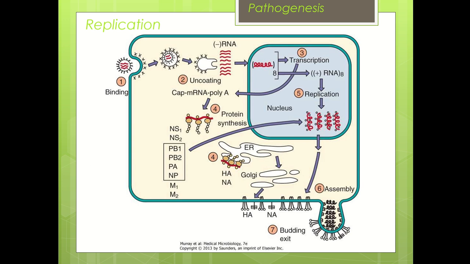And this localized site is ideal for the synthesis of negative sense RNA, and is the site for budding. The positive sense RNA are again converted into the negative sense mother template, the progeny templates, and these will assemble in the area where hemagglutinin and neuraminidases are assembled, and through a simple budding process, new virions are released from the host cell.